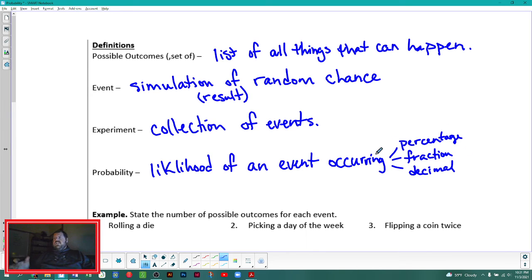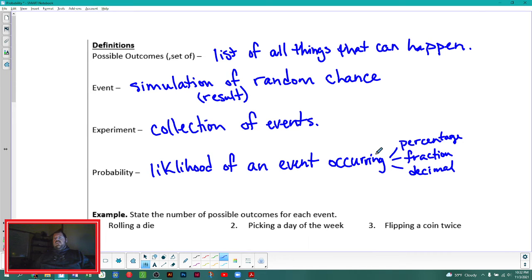So if we're going to roll a 6-sided number cube, roll a die. A die is a singular word for dice. Rolling one of them, and we want to see what is the probability of getting 6. Well, there's 1 six out of 6 possible. So the probability is going to be 1 divided by 6, and I'll talk about why in a second.